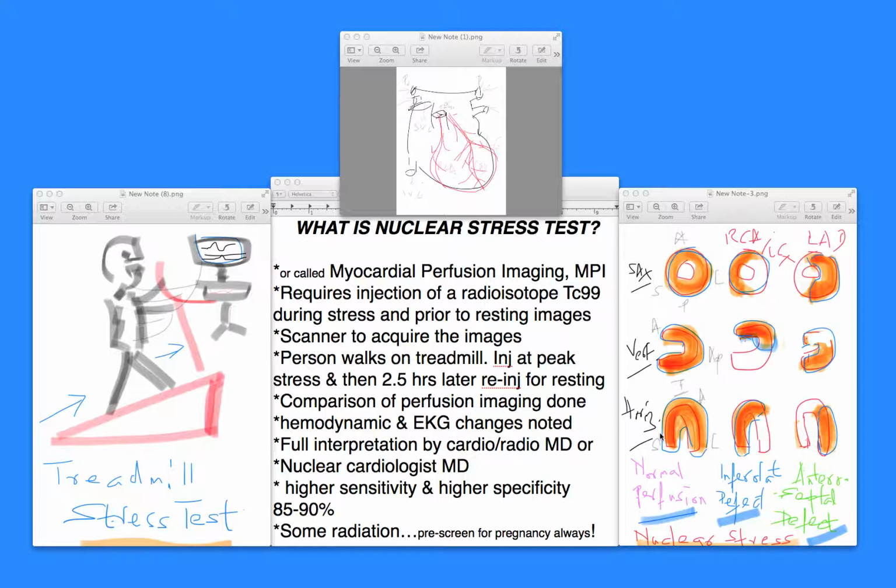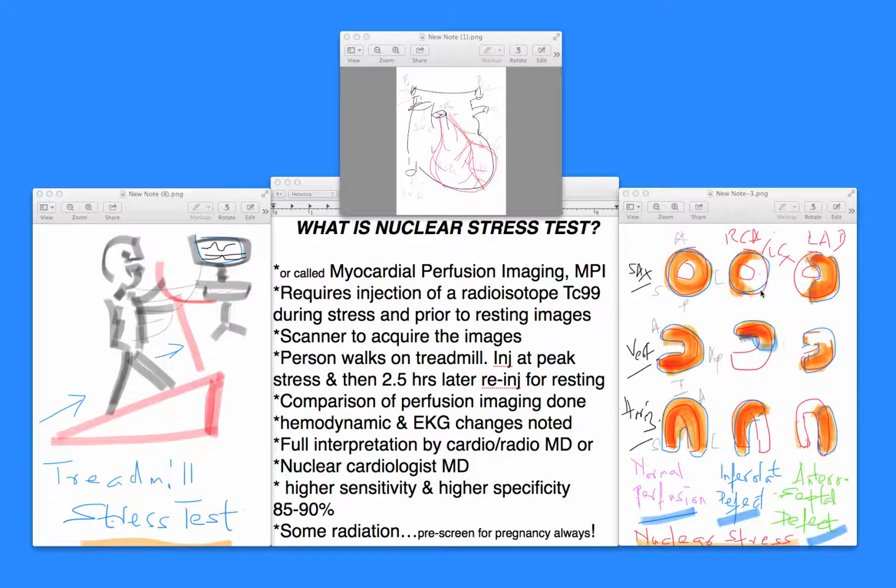Now, where there is no perfusion, you will have filling defects. Now, look at this. We have an RCA, or a left circ lesion. That means the right coronary and the circ. If there are two vessel disease, what will happen is the lateral wall will be affected, the inferior wall will be affected, and you can see the lateral wall not lighting up again.